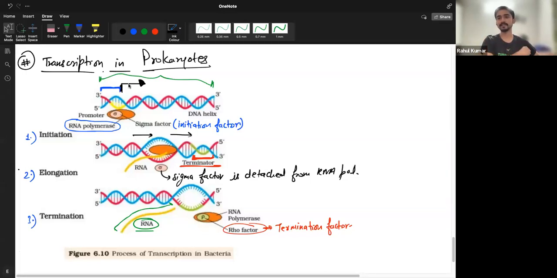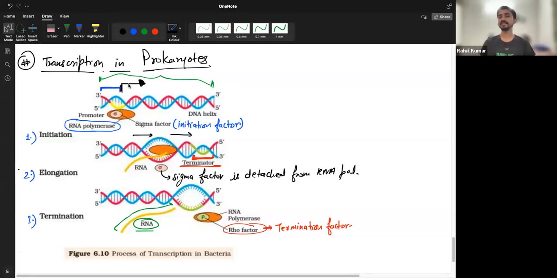Then the sigma factor goes away. RNA pol starts sliding and elongating, forming the RNA. As it reaches the terminator region, a rho factor comes and binds. Rho factors are waiting around the terminator region, they come and bind, and take off the polymerase. As a result, the RNA is released. Okay, so we have an RNA from a DNA now.